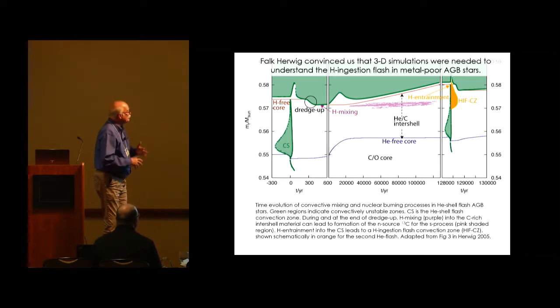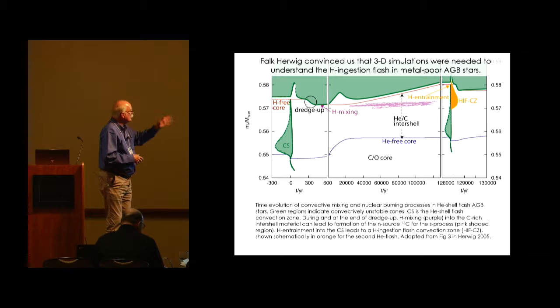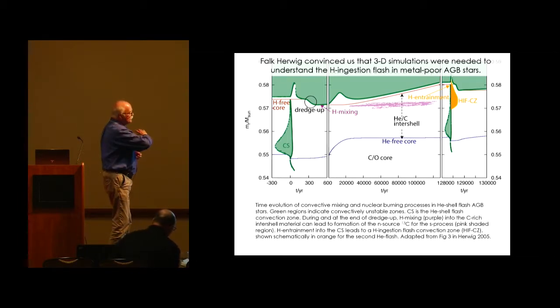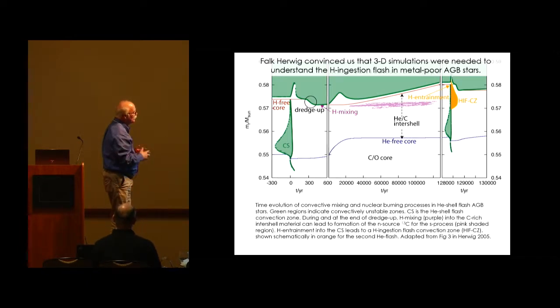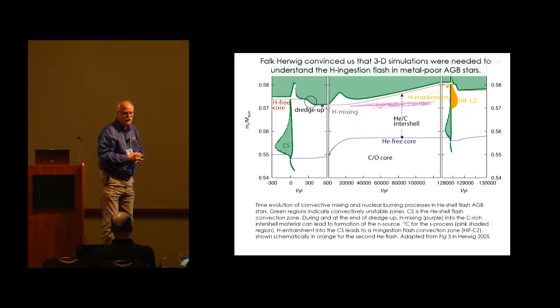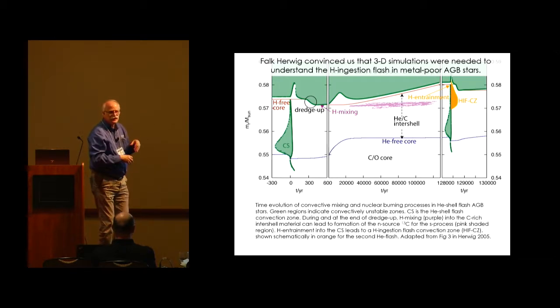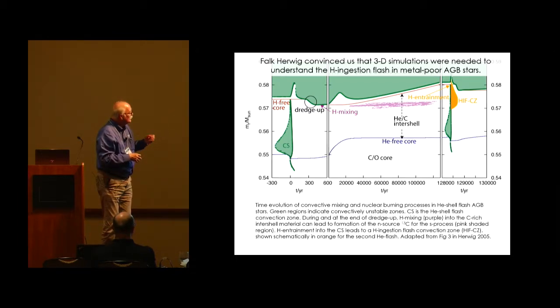This is a slide from Falk Herwig that just is showing the thermal pulses as a function of time going along the x-axis, and then a mass coordinate in a 1D stellar model going along the vertical axis, showing you that at intervals in the final phase of evolution of a low-mass star, you have these helium shell flashes that occur because helium and hydrogen are not burned at equal rates.